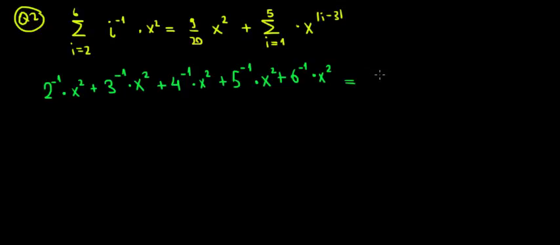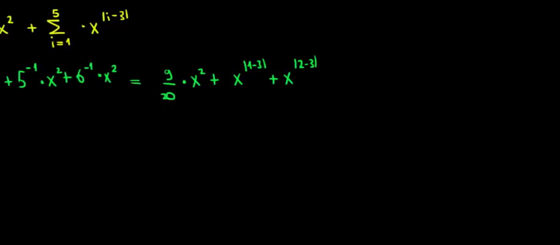So it's the sum from 2 to 6, plug it into i and add everything up, equals 9 over 20 times x squared plus, and now same logic, x to the power of 1 minus 3 in absolute value, plus x to the power of 2 minus 3 in absolute value, and we'll do that until 5, plus x to the power of 3 minus 3 in absolute value, x to the power of 4 minus 3 in absolute value, x to the power of 5 minus 3 in absolute value.